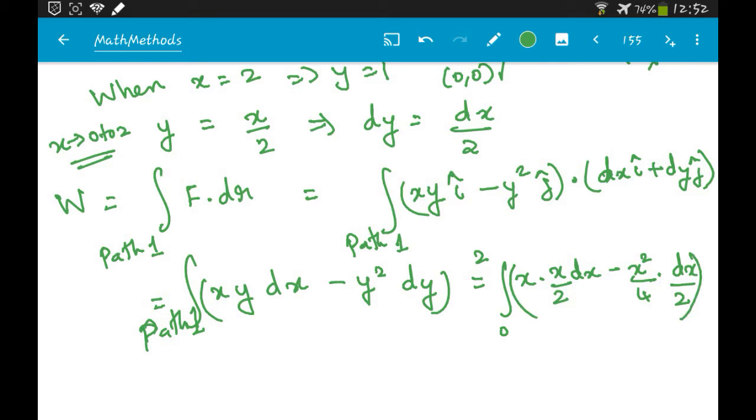If you compute this integral, you will get the integral from 0 to 2 of x square by 2 minus x square by 8 dx.